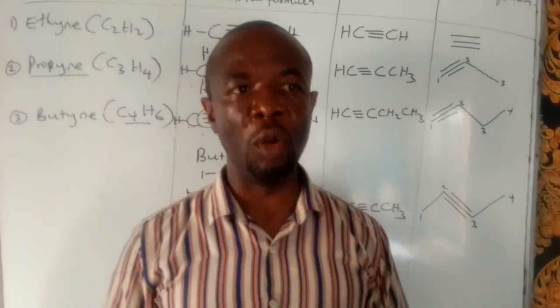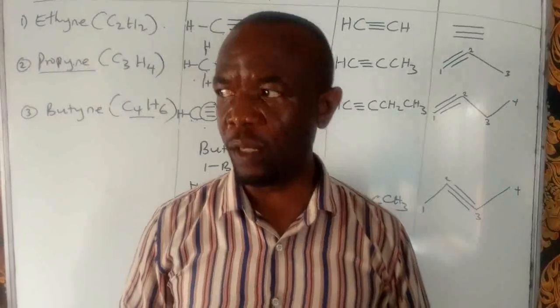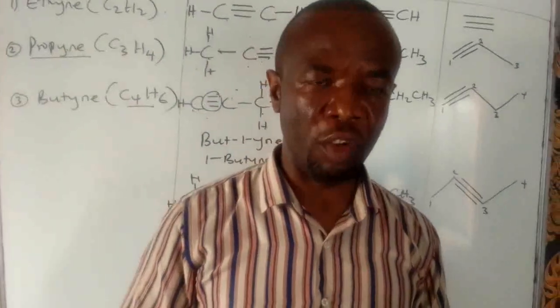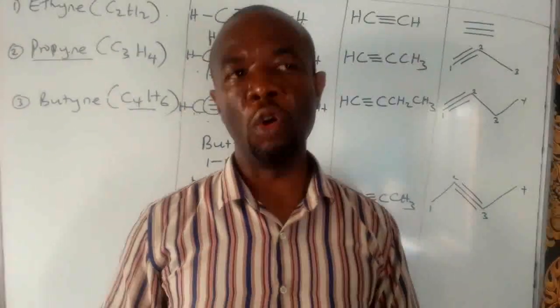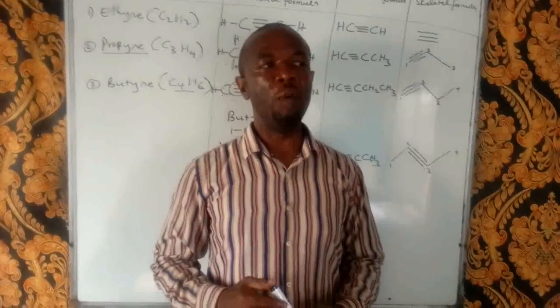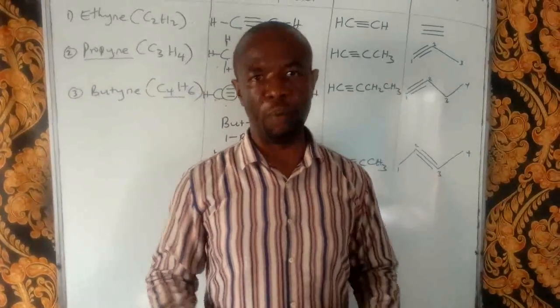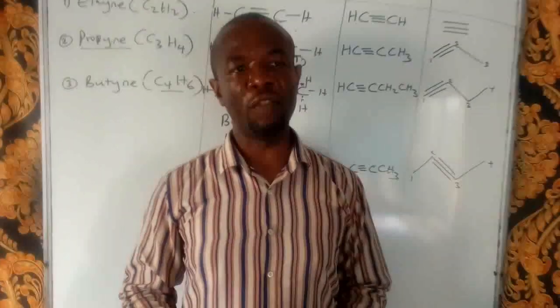We'll look at the functional groups present, because if you are able to know the homologous series of an organic compound, you can name it. It's a key to naming organic compounds. After that, we'll go into full nomenclature of aliphatic compounds.